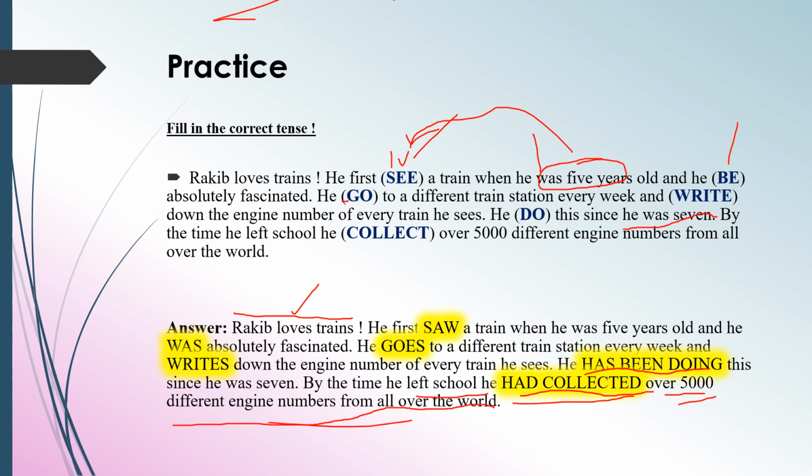So that's why we are saying that there are two sequencing actions, and one action happened a little bit earlier compared to the next action. The next action is left school, and the first action is had collected. So he first collected over 5,000 different engine numbers, and then he left the school. So that's why he had collected in the past perfect form, and he left in the past simple form.